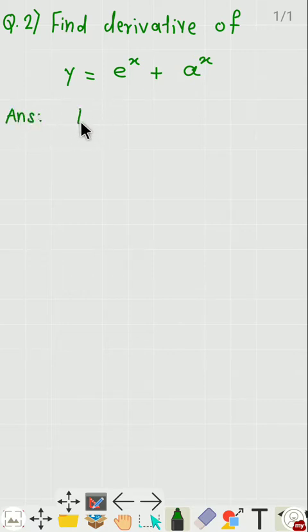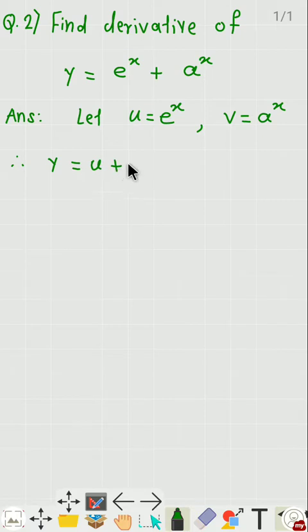Let us take u is equal to e raised to the power x and v is equal to a raised to the power x. Therefore our given function will look like this: y is equal to u plus v.